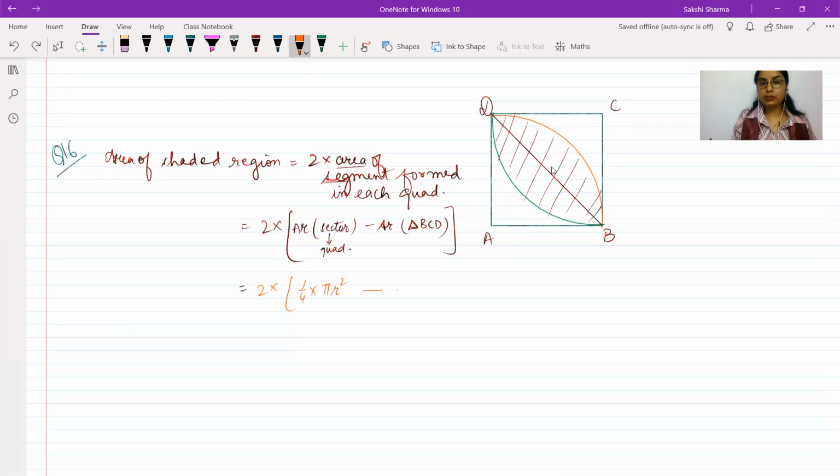Since the triangle is a right triangle, it will be half BC into DC. Simplify. Is pi given in particular? No. Simplify and tell me what the answer is.